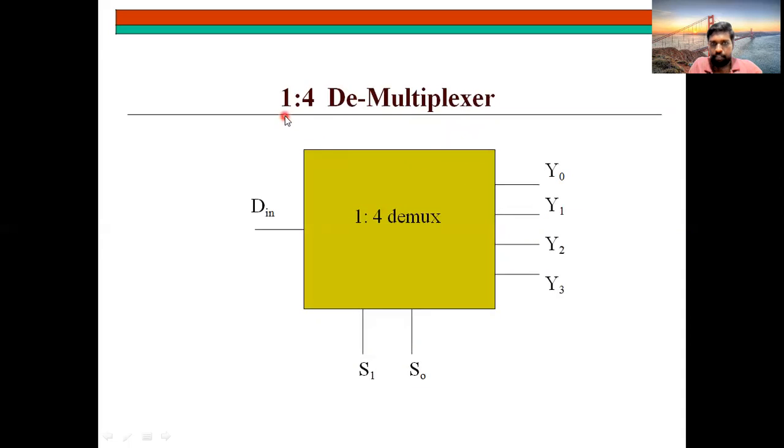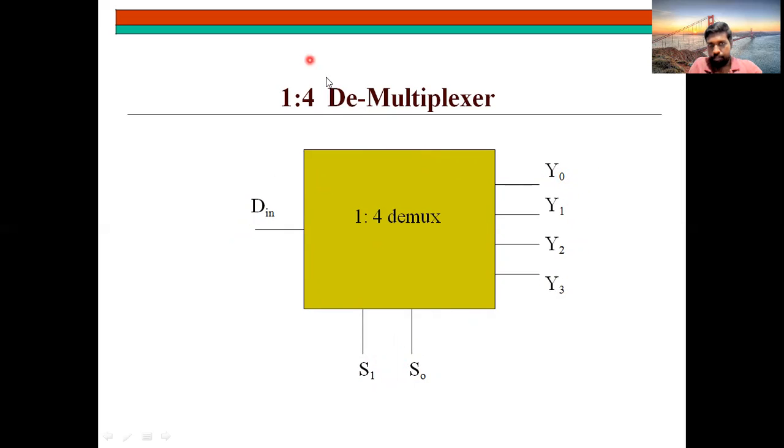If you take a 1 into 4 demultiplexer, S0 and S1 will decide where this Din should go and fall. Suppose S1 and S0 both are 0, 0, Din will directly go and fall on the first output line. That means Y0 will become Din and the remaining 3 will be 0.